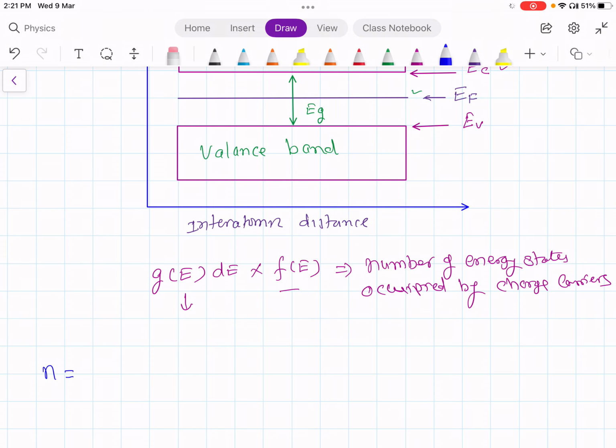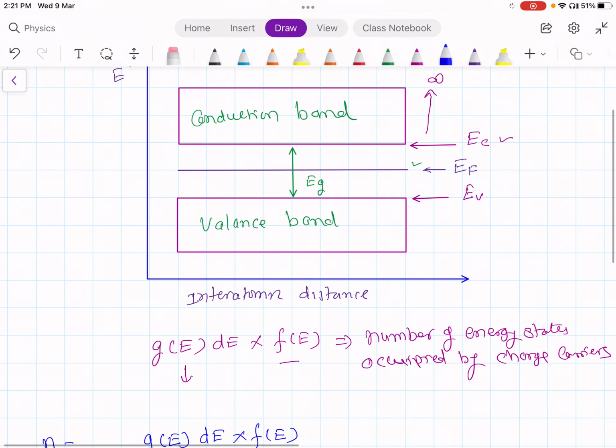And as I told you, this G of E dE into F of E gives us the number of energy states occupied by the charge carriers. In this case, the charge carrier is the electron. So the number of states occupied by electrons is given by this product per unit volume in the energy range E to E plus dE.